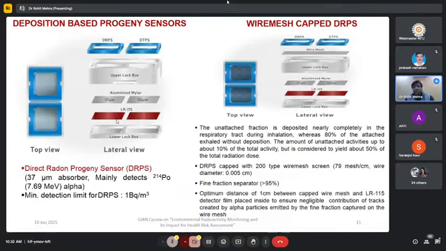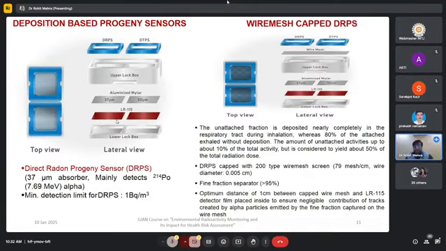And then, to our surprise, LR115 is basically a cellulose plastic track detector, cellulose nitrate, which has a thin peel of film of around 12 micrometer over the plastic sheet to provide its strength. That 12 micrometer sheet has similar absorption parameters as compared to the aluminized mylar.